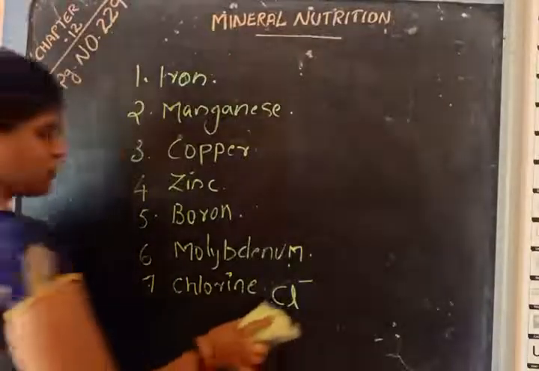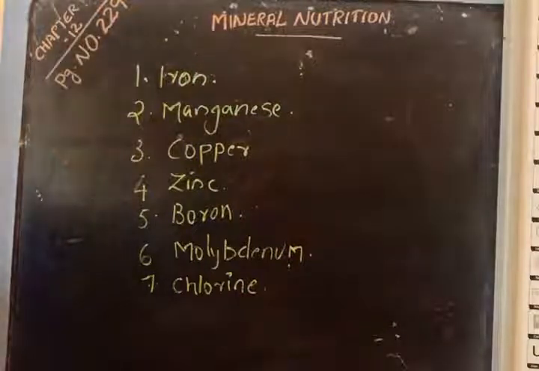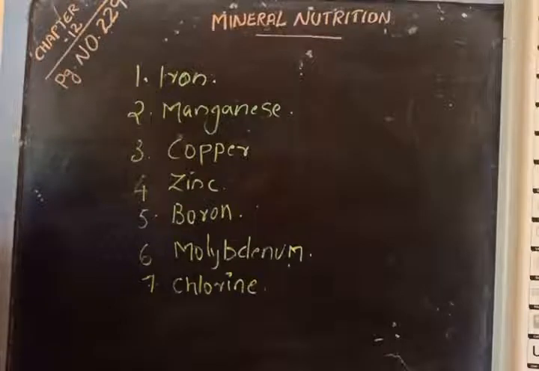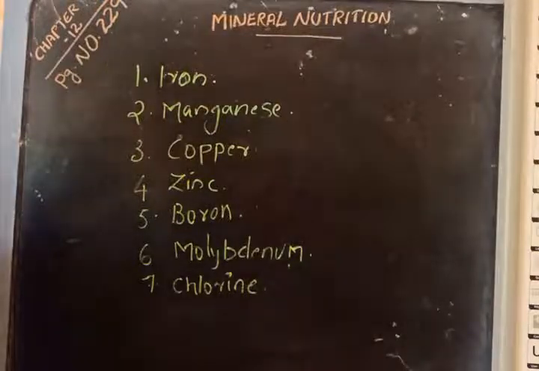So these are the function, mode of absorption and deficiency symptoms of micronutrients. Now we compare both macronutrients as well as micronutrients. In your textbook, page number 233, there is a box that gives you an idea about minerals and their deficiency symptoms.